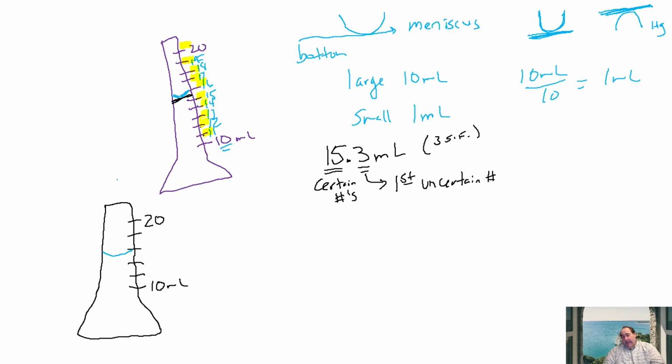All right, so in this case, we still have our large markings at 10 milliliters. Now when we count up our smaller markings, that is 1, 2, 3, 4, and 5 only in this case. So we actually have only 5 markings.